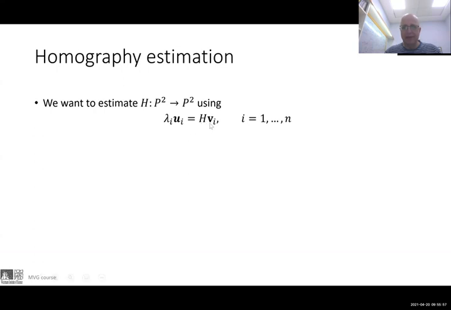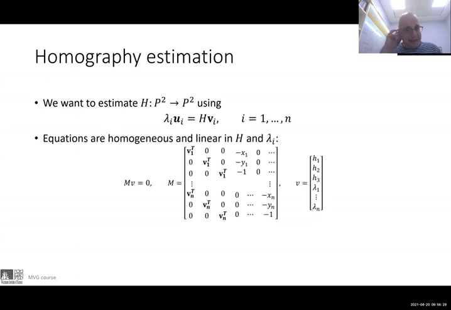When you multiply vi by H, you get a new vector ui, but up to a scale, which is lambda i. And the problem is, given ui and vi, you want to estimate H and lambda i. So this is very similar to the triangulation problem. You can already, I think, realize how to do that.